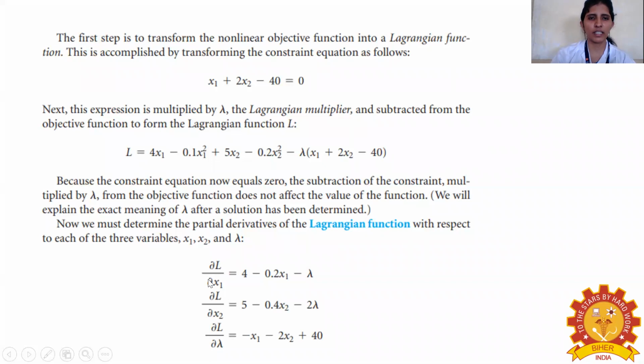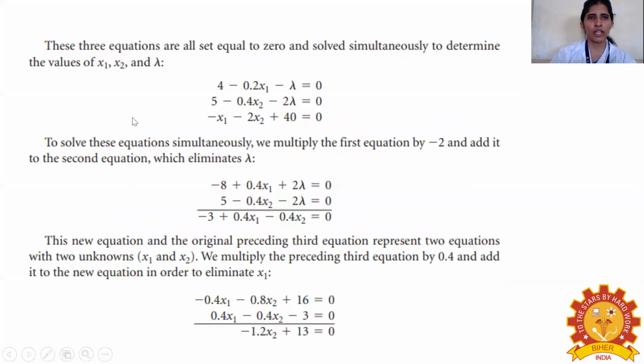Differentiating L with respect to x1 we get this value, with respect to x2 we get this equation, and with respect to lambda we get this equation. We equate each to 0 and solve these three equations as follows.